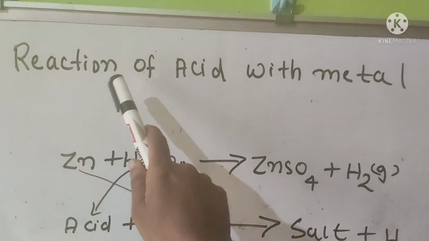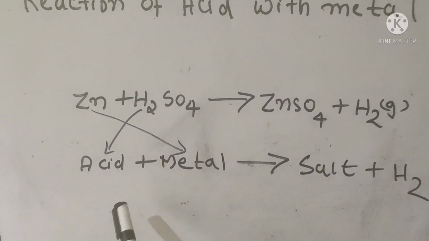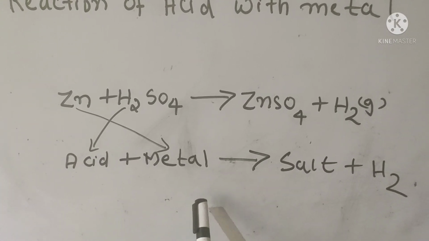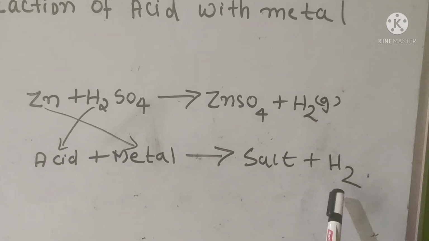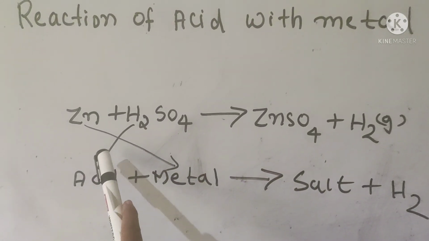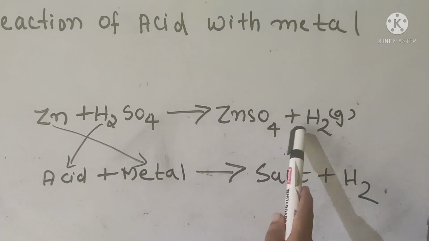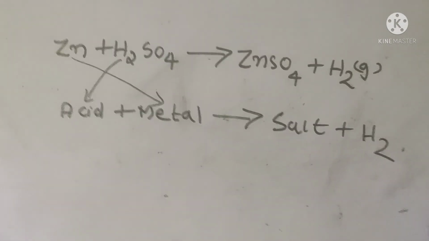Therefore, from this experiment, we can conclude that acid on reaction with a metal gives salt and hydrogen. That is, zinc plus H2SO4 gives zinc sulfate plus hydrogen gas.